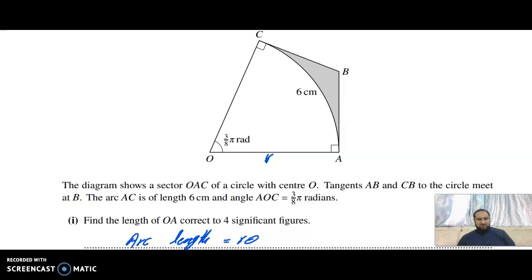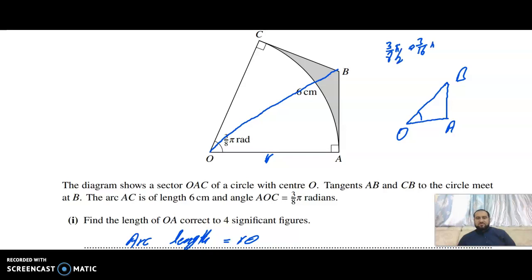So if we draw an angle bisector, we will get a right angle triangle, which can be O, A and B. Since the total angle was 3 over 8 pi, and the angle is separated into two equal parts, 3 by 8 pi divided by 2 will be 3 by 16 pi.